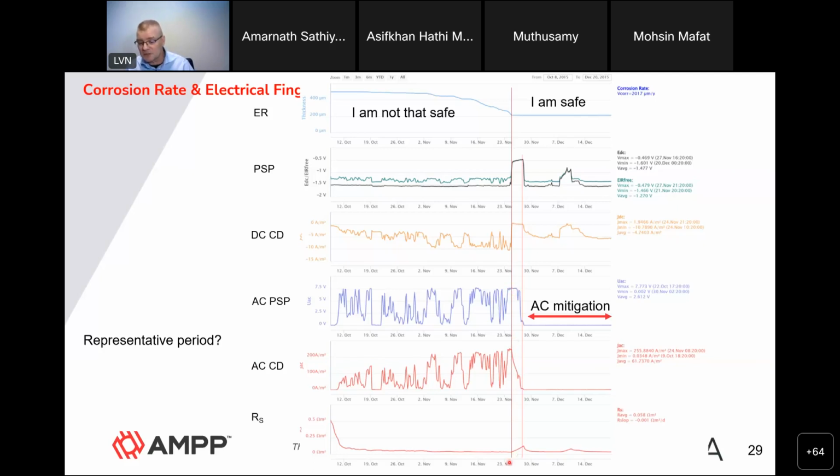So the spread resistance will be increasing, causing a decrease in AC current density because you have loosened your cathodic protection, and that will give you a very effective means of actually mitigating your AC current density simply by adjusting your cathodic protection.